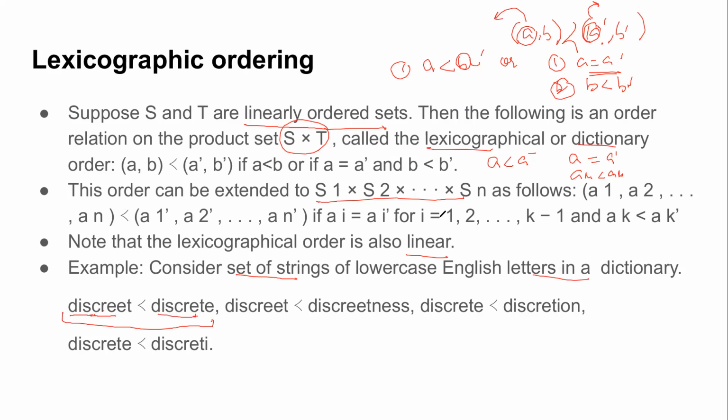That's what we meant: if the first letter is not showing strict inequality, then look at the second, the third, the fourth. If they are equal, there should be some position where one exceeds the other. We can see that till this E they are exactly the same, but as soon as you look at the next letter, E is dominated by T. So this is a lexicographic order.